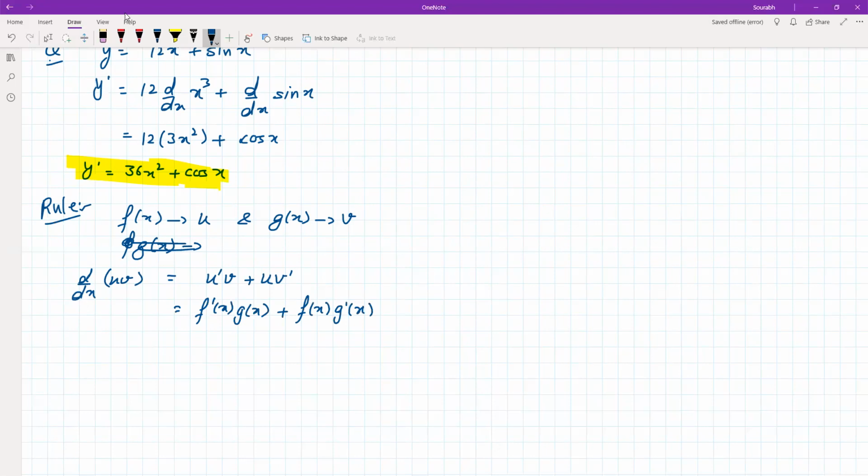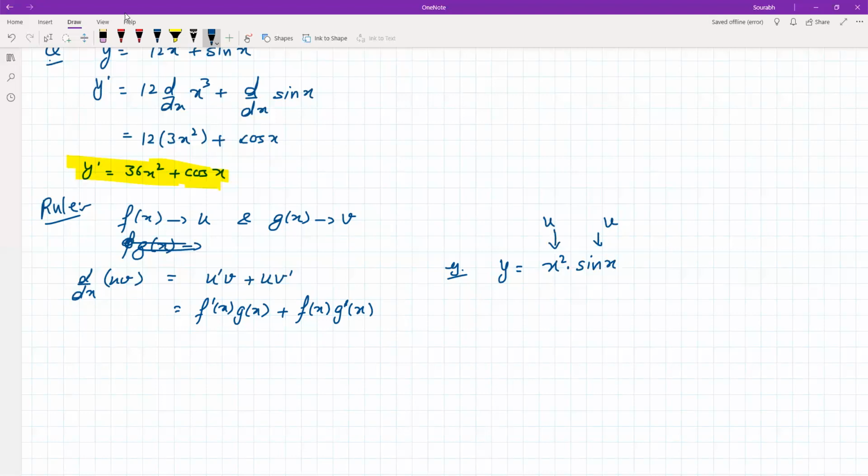So when I write dash here, right, dash means what? I am differentiating that. Example of this: suppose y is equal to x square into sin x. So these are two different functions. x square is say f(x), and sin x is g(x), or this is u, this is v, two different functions.